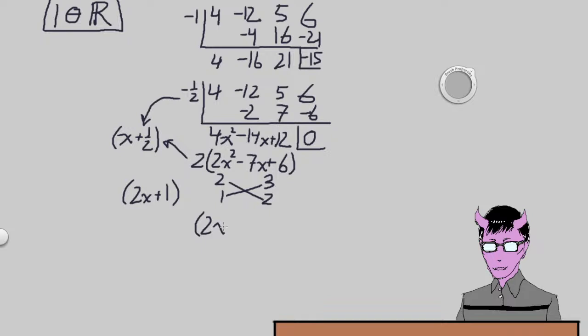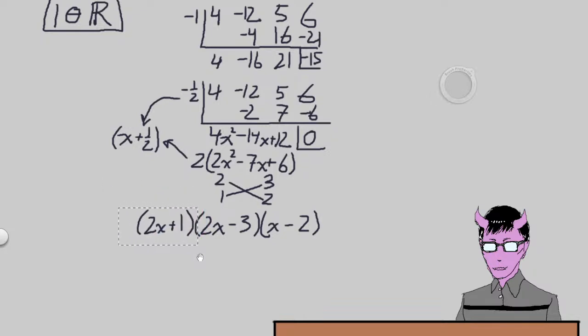So thus, the 2x has to be multiplied to the 2, like that, follow that construction. And then the 1x here has to be multiplied to a 3, which has to be right there. And then both signs are the same, both are negative, so negative and negative. Alright, copy paste this 2x plus 1, and we have fully factored form. It's a nice problem.